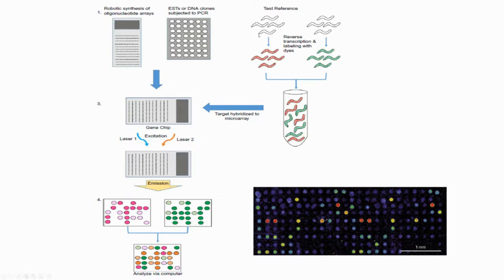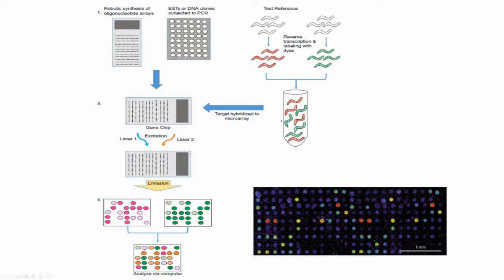You have, let's say, the reference sample and then the experimental sample. You collect the RNA from the wild type and the RNA from the mutant, and then you perform reverse transcription, and you get cDNA and label it with different dyes, all right? And that gives you different colors.